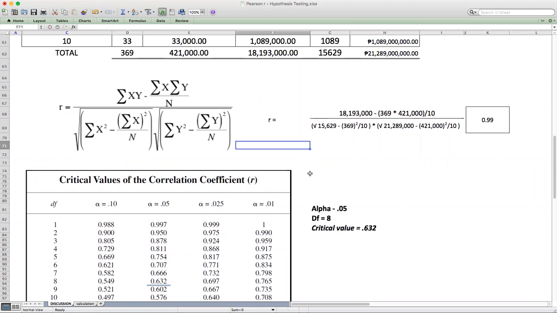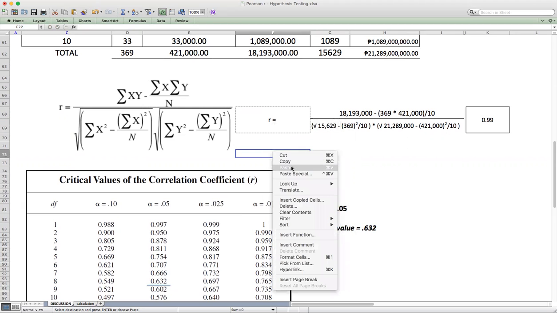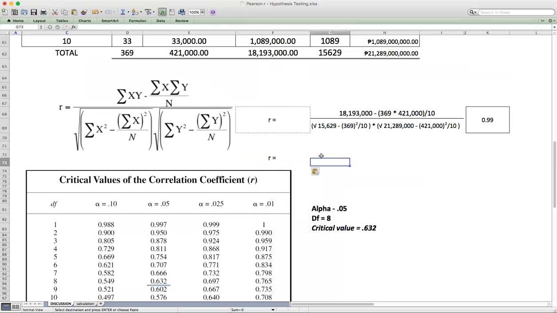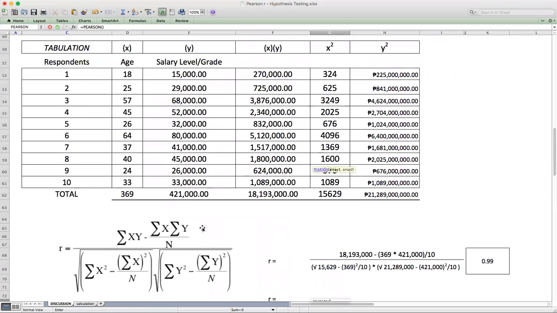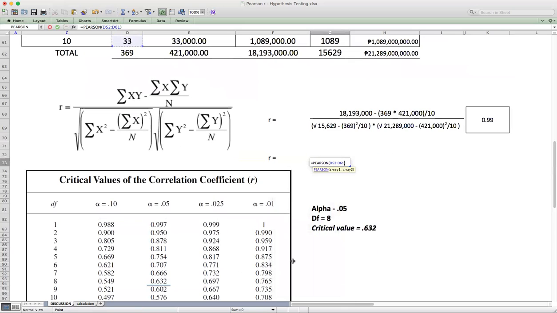Now, let me go back to the calculation of the Pearson R. There is one way to easily compute the coefficient using Excel. Let me show it to you. So to compute for the R, simply type equals, then type PEARSON, and then array 1. Our array 1 would be the age column, then comma.